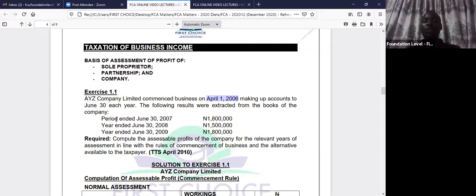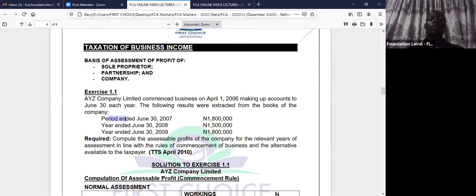They will give you the accounting period. They will tell you April 1 to June 30th. So once you see the first account, the first date signified the date the business started. So that's how you will know your business commencement date.